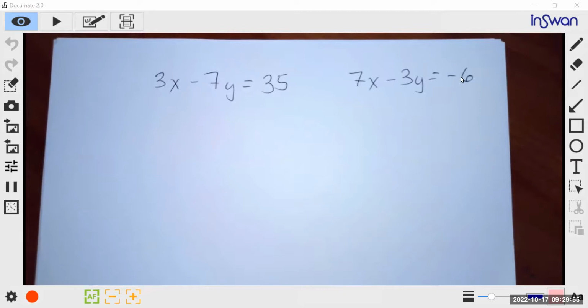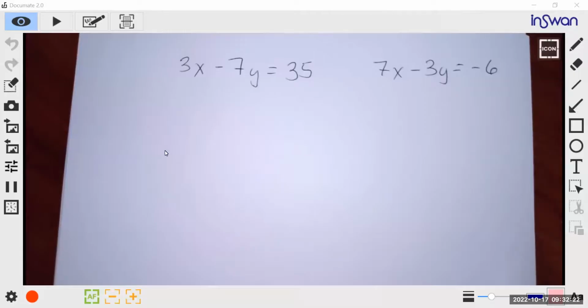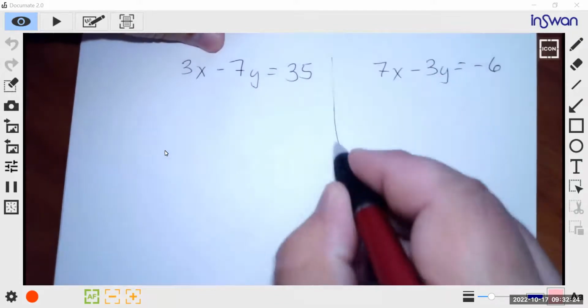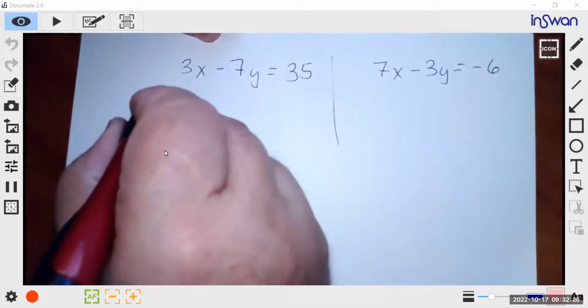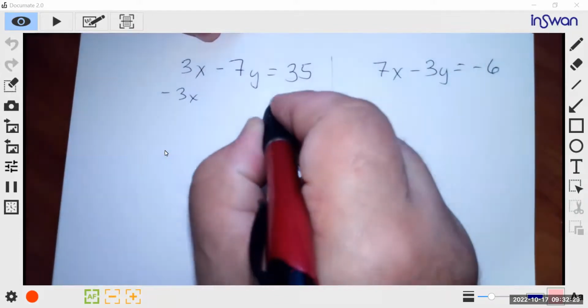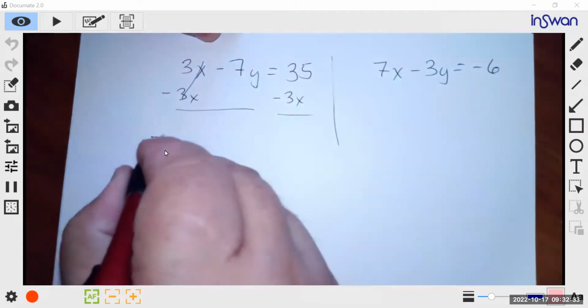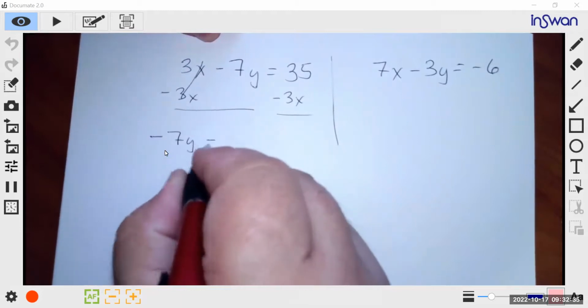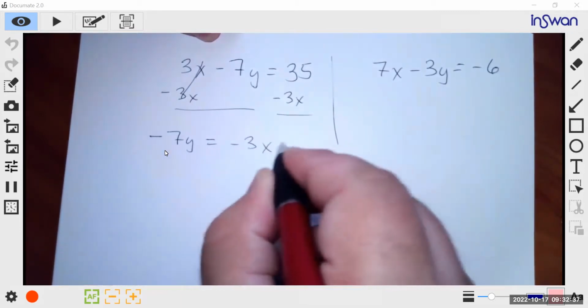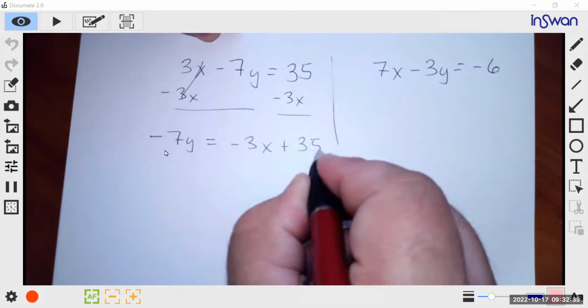We have 3x minus 7y equals 35. 7x minus 3y equals negative 6. All right, the first one. Let's get y by itself. So we subtract 3x from both sides. Equals negative 3x plus 35.